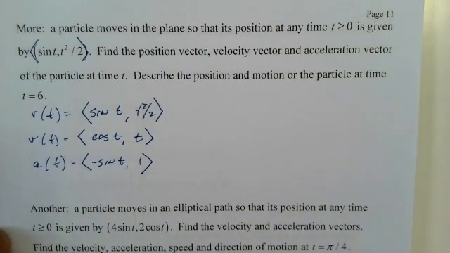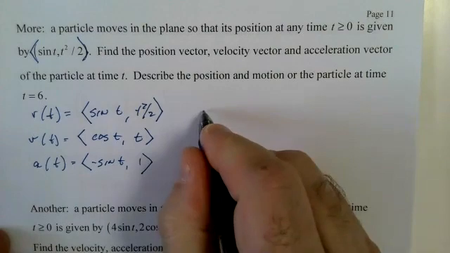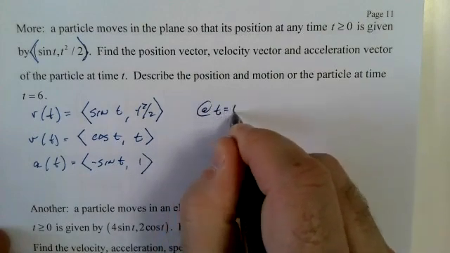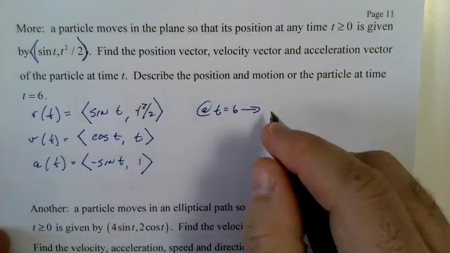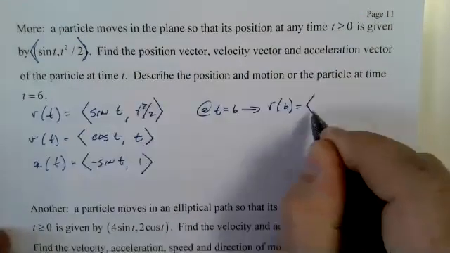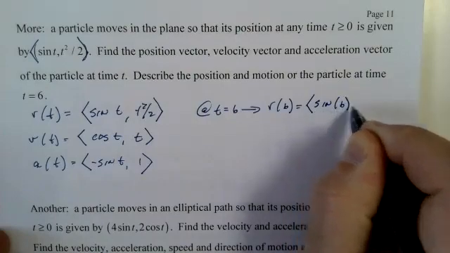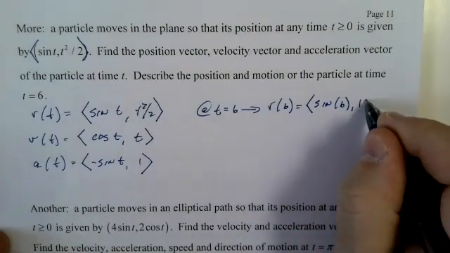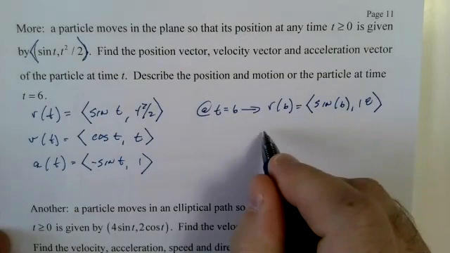All right. What's going on at t equals 6? Well, at t equals 6, the position vector is sine of 6, whatever that gives us, and 18, and we'd get back into radians for this.